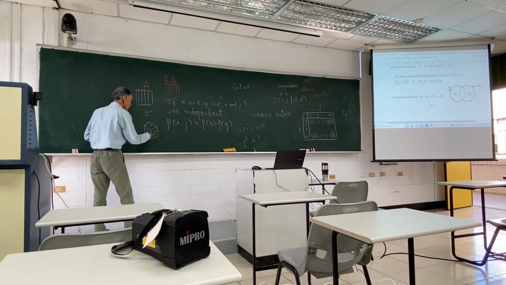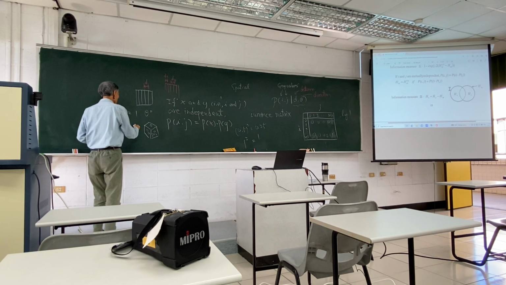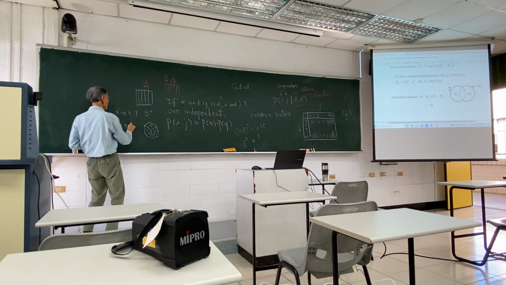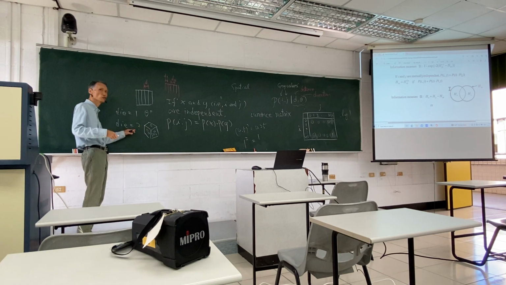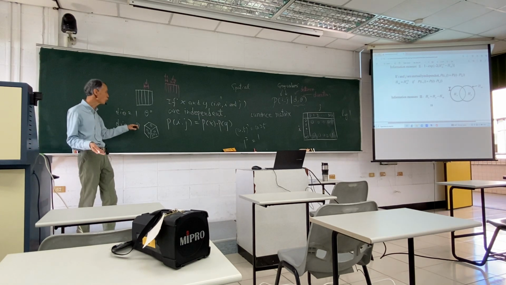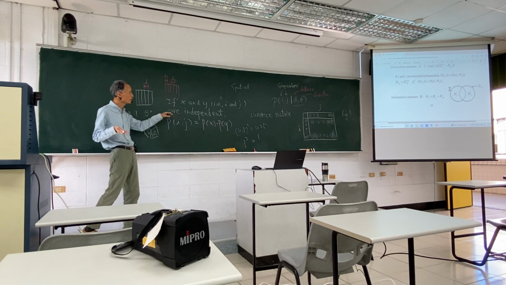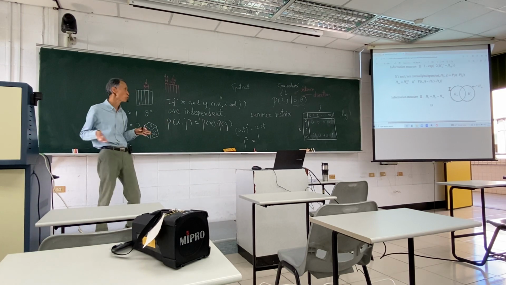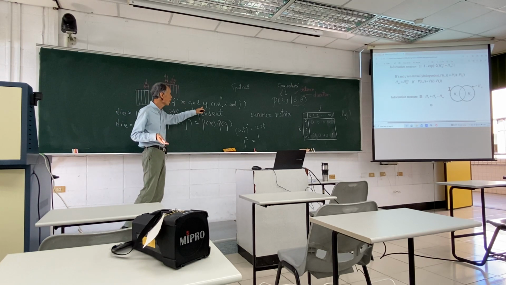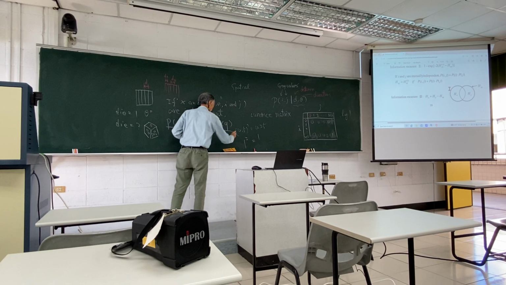You roll a die. When the outcome equals 1, what will be the outcome for the next toss? You have nothing. I mean, this information about the current outcome won't help you to make the estimation. That's so-called independent. So when I say X and Y or I and J are independent, it means the joint probability will equal the product of the marginal probabilities.